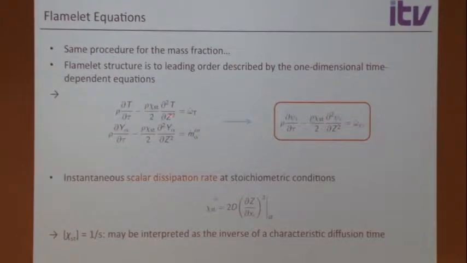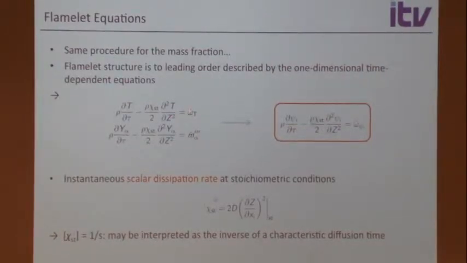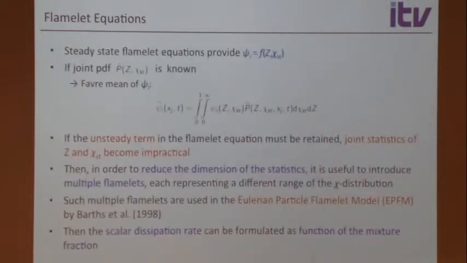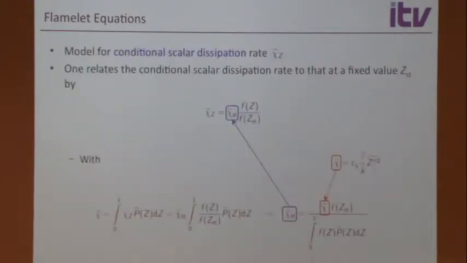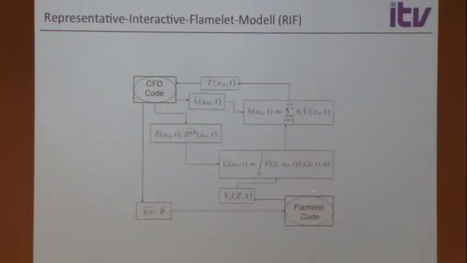Actually, this neglects the pressure term. There's also the dp/dt term here in the temperature equation, which is imposed. So I can solve just one time step now in the flamelet code. What I get then at the new time is the mass fraction as function of mixture fraction and temperature. Okay?